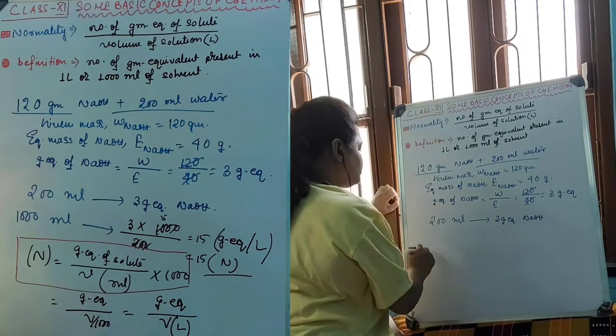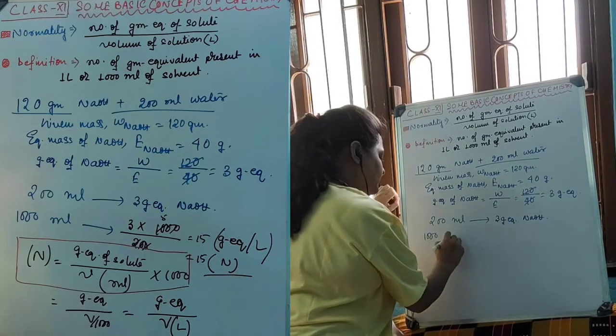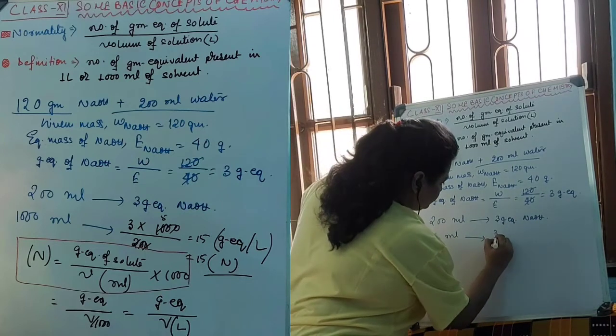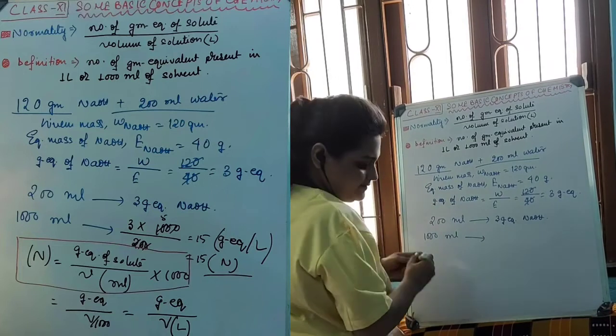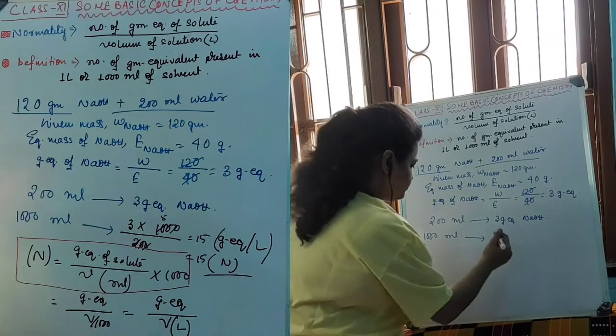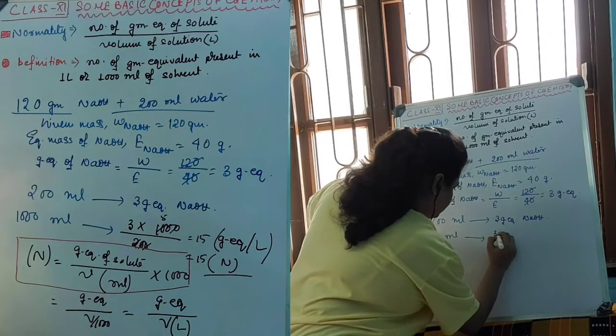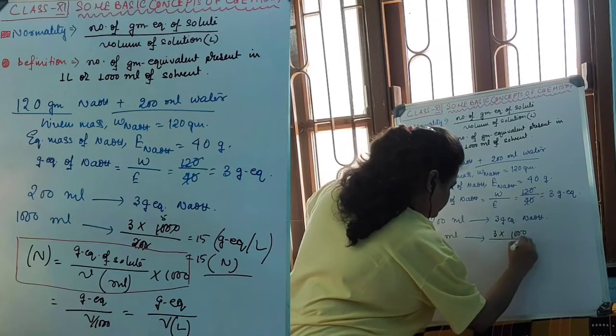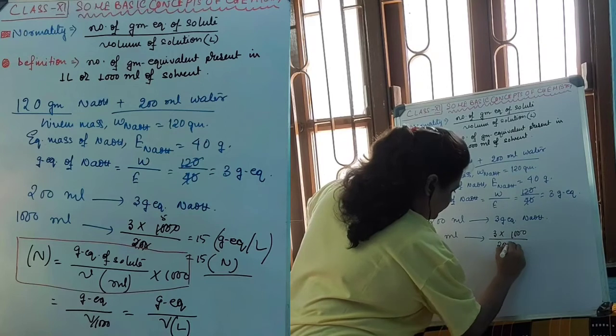Now, if the solution was 1000 ml, the amount of gram equivalent of NaOH will be found by doing the simple unitary method: 3 multiplied by 1000 by 200.